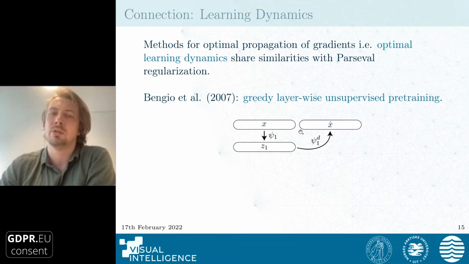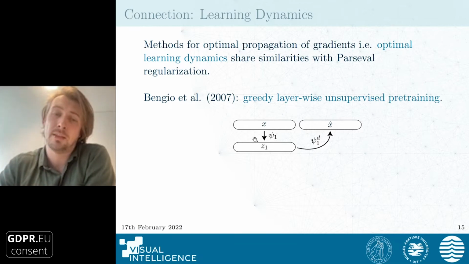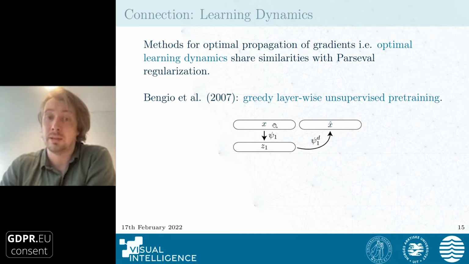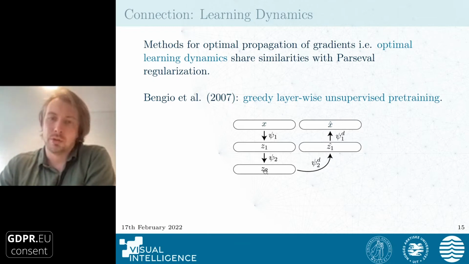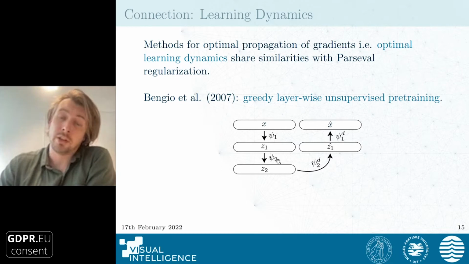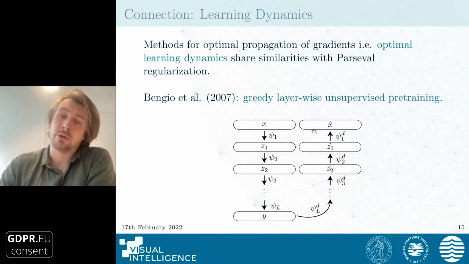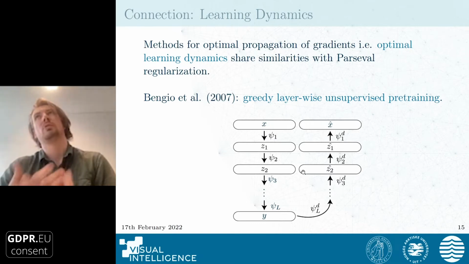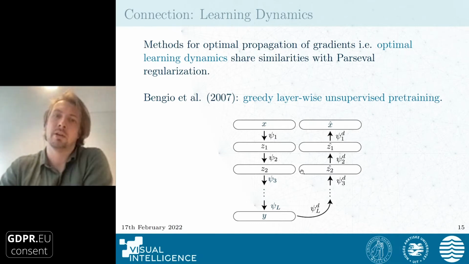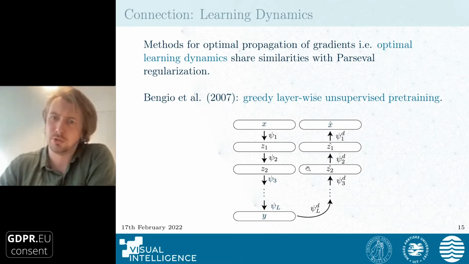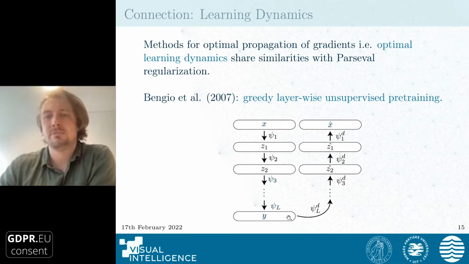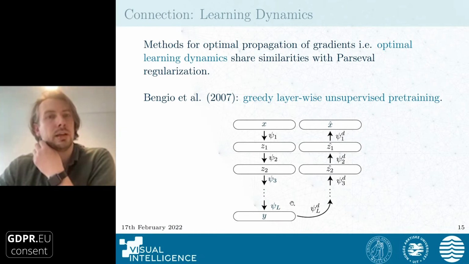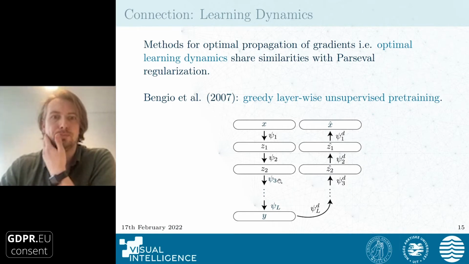When the inputs and the decoded inputs are similar, then you train the next layer, find another decoder and decode your input again, and you continue doing this until you've pre-trained all the layers of your network. So this uses kind of an autoencoder approach where you do one layer at a time. And then at the end you just throw away all these decoders and use that as a weight initialization process.